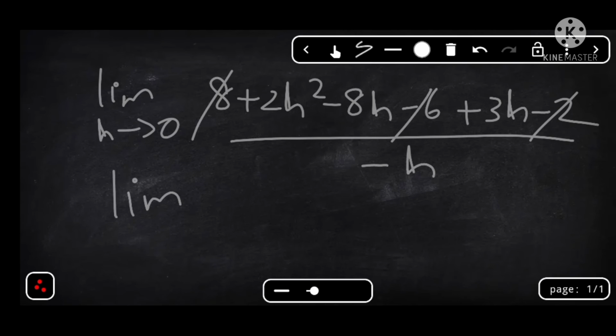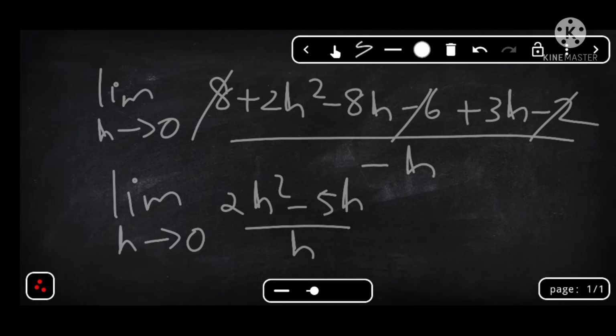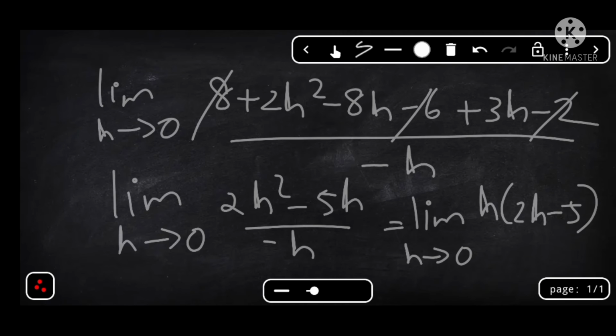So this can be written as the limit as h tends to 0 of (2h² − 5h) divided by (−h), which is equal to the limit of h(2h − 5) divided by (−h), which is equal to 5.